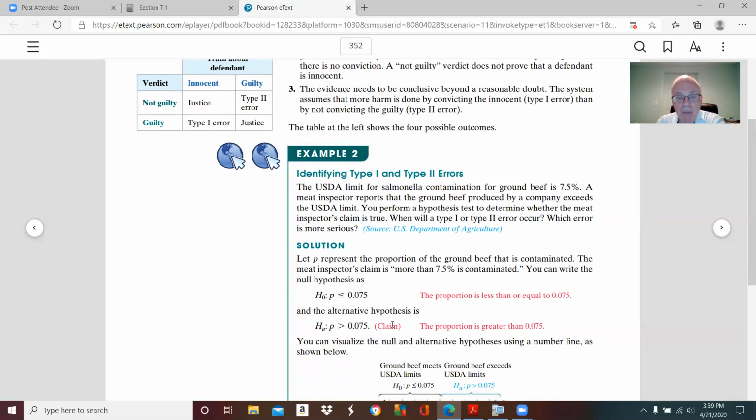That means the claim by the inspector is the alternative hypothesis. Since it's a proportion, P is greater than 0.075. So we always write the proportion as a decimal, not as a percentage. So if this is the claim, then the null hypothesis is P less than or equal to 0.075.